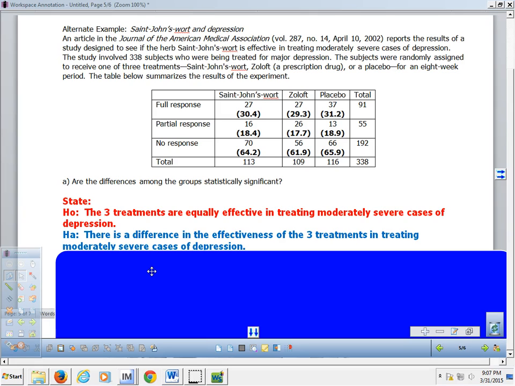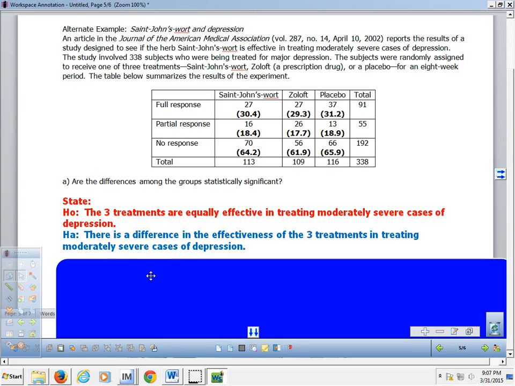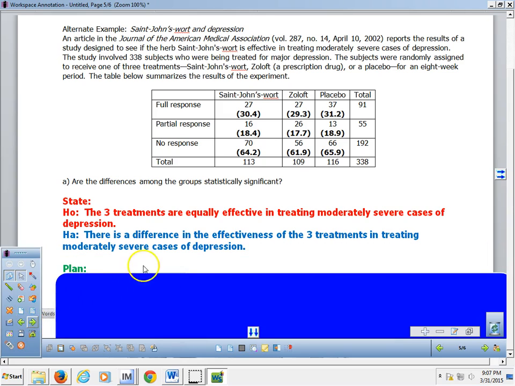Our alternative is there is a difference in the effectiveness of the three treatments in treating moderately severe cases of depression. Okay, you can word those however you want. There may be a way to word those two hypotheses so that we can get that simply by inserting the word not into one of those two to make them different. Okay?